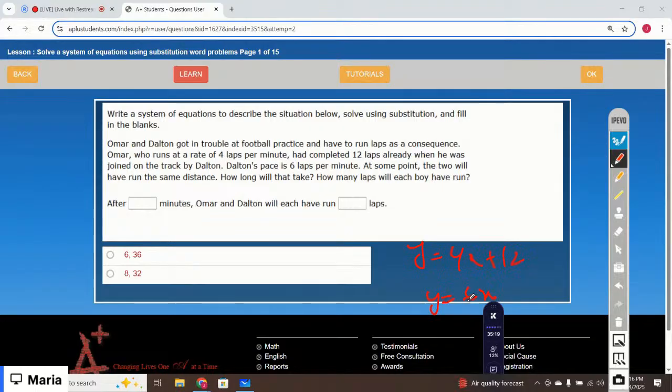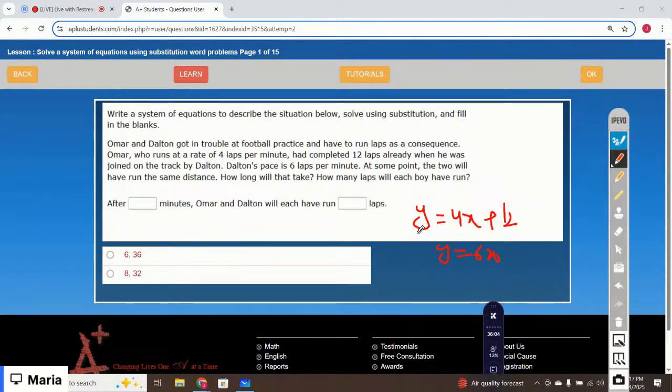So just solve the equations. y equals 4x plus 12 and y equals 6x.